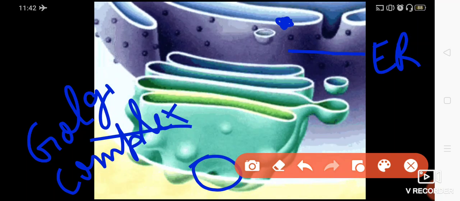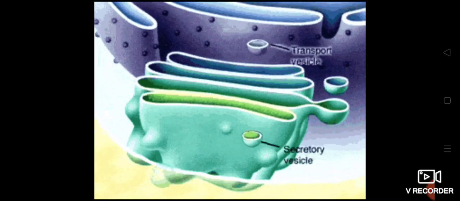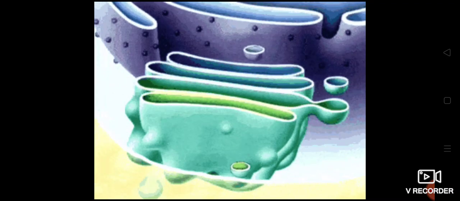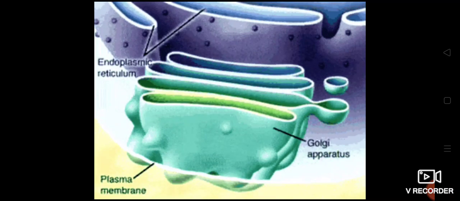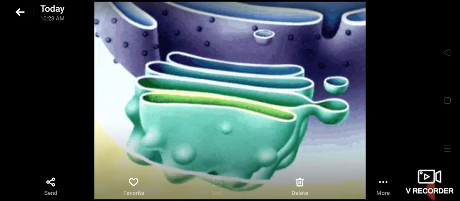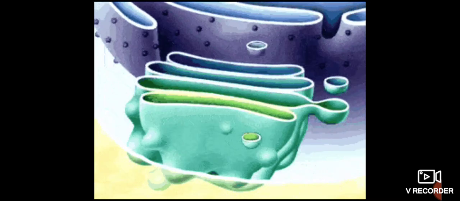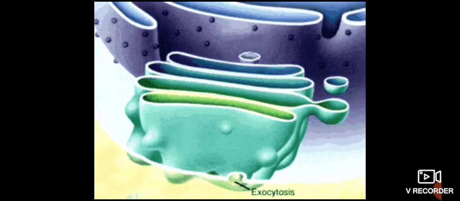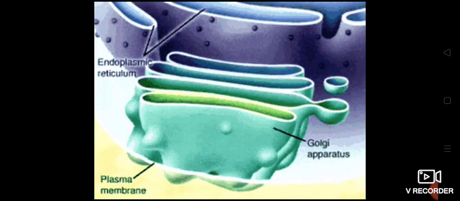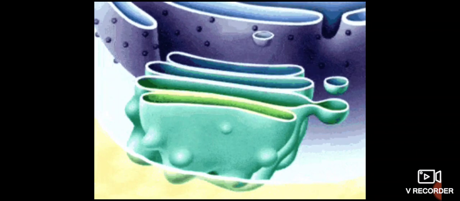Okay, so this is how the endoplasmic reticulum and the Golgi complex work in coordination to transport materials outside the cell, or if anything is coming from outside the cell, its digestion is also done by the lysosomes, which are formed by the secretory vesicles of the Golgi apparatus or the endoplasmic reticulum.